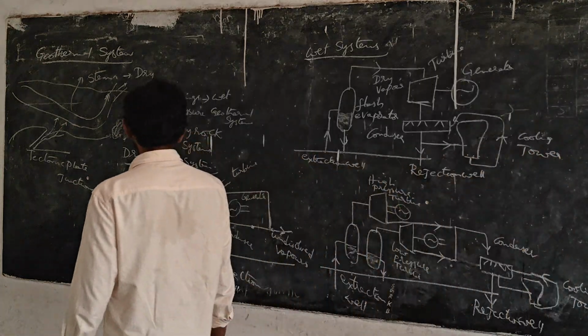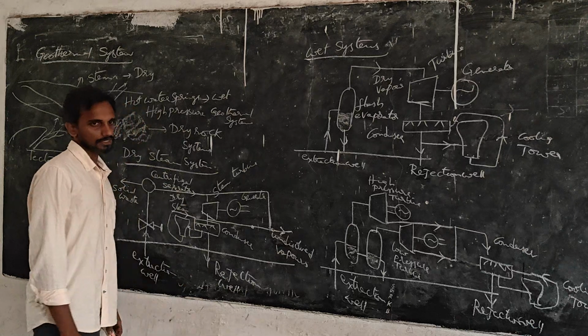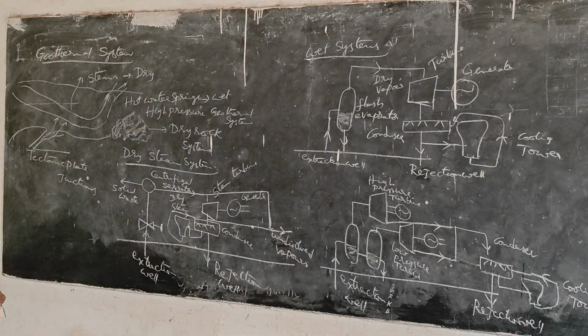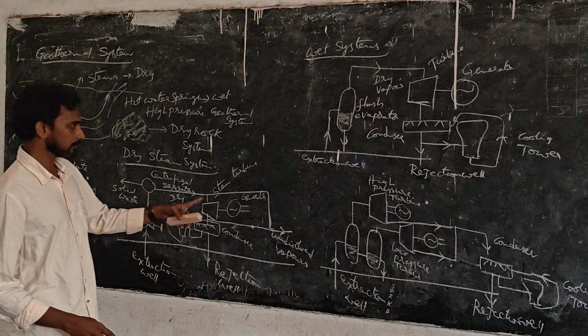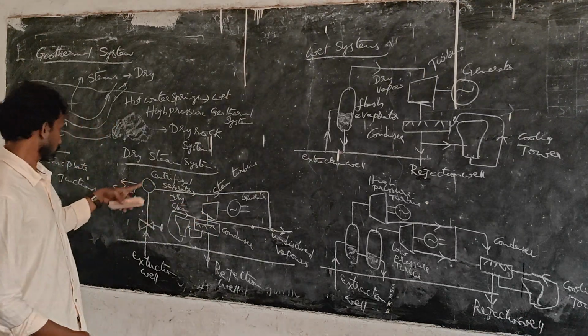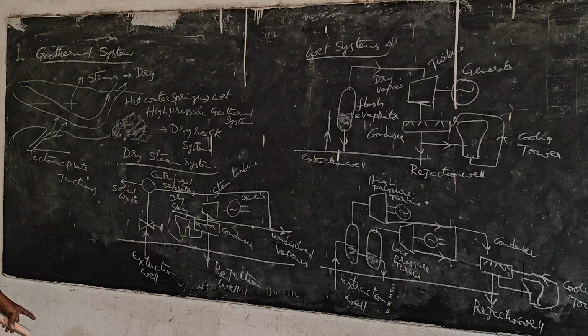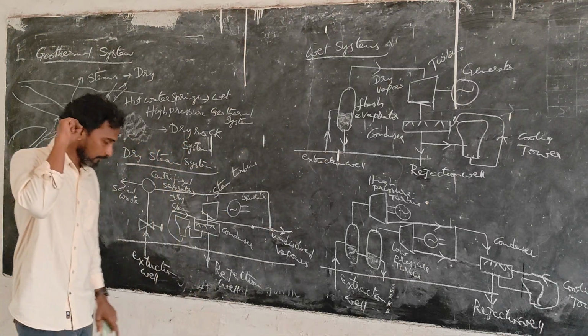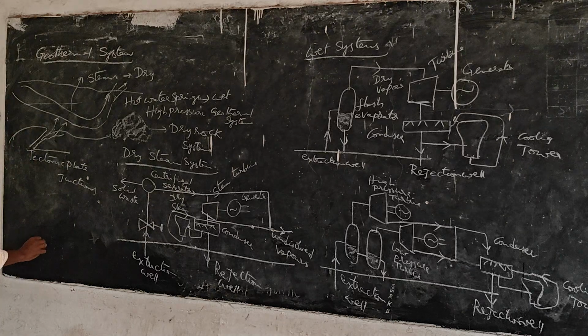So when you have pure steam resources, everywhere we are trying to separate the waste material, maybe corrosive material or solid waste and all. So if you have a pure steam resource, then you can directly use it to run the turbine.